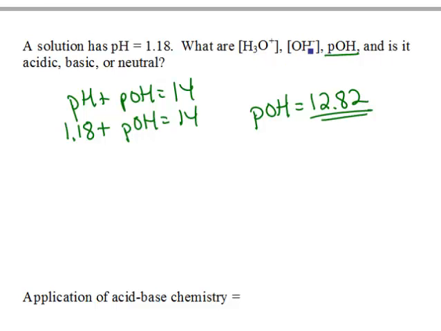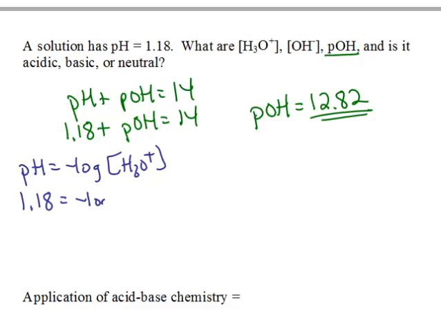To calculate hydronium and hydroxide, we can use the definitions. pH is the negative log of hydronium. If the pH is 1.18, and that equals negative log of hydronium, same two steps to get hydronium by itself.